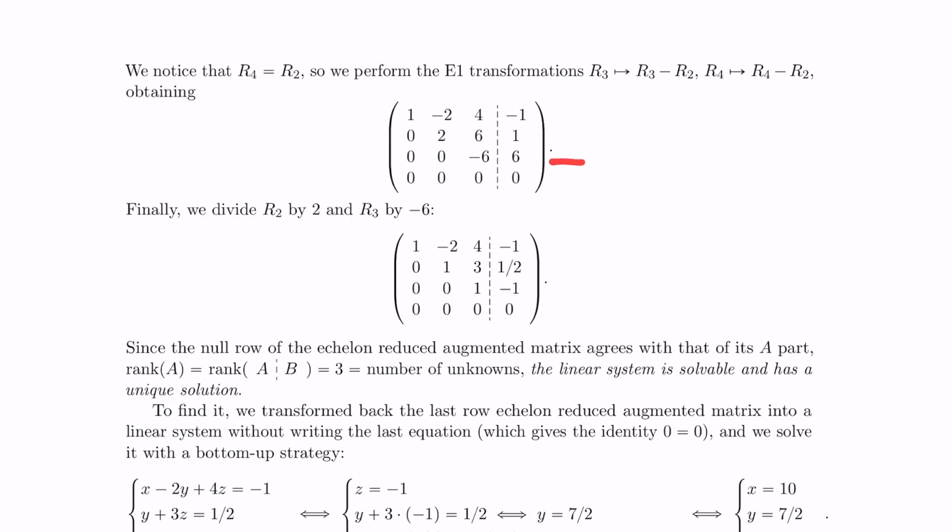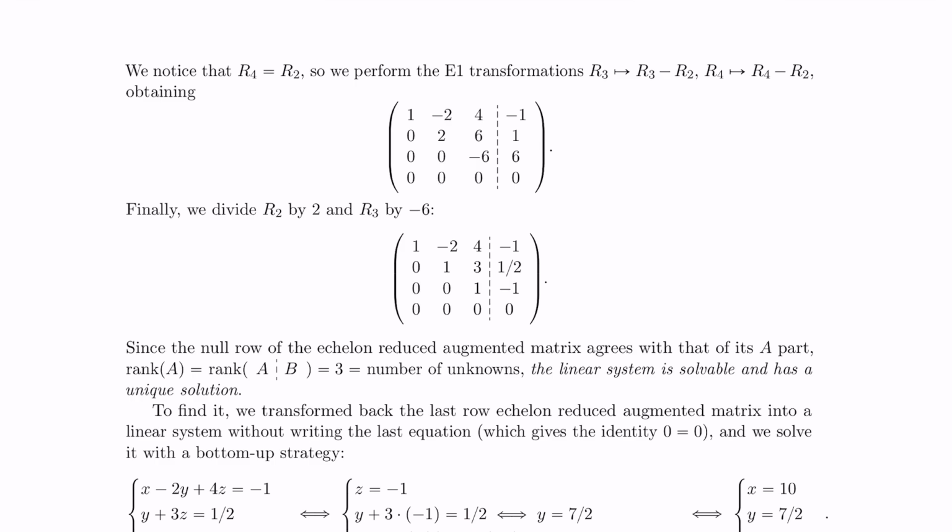And in the third row, we have a -6, under which we have 0. So if we divide R2 by 2 and R3 by -6, we obtain the row-reduced echelon form for the augmented matrix of the linear system.